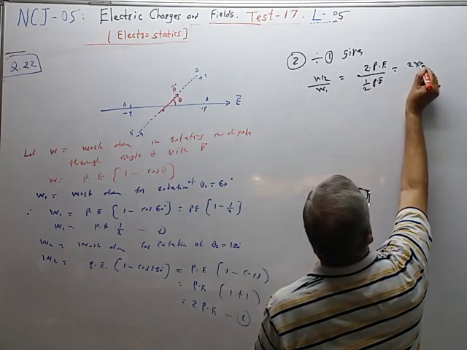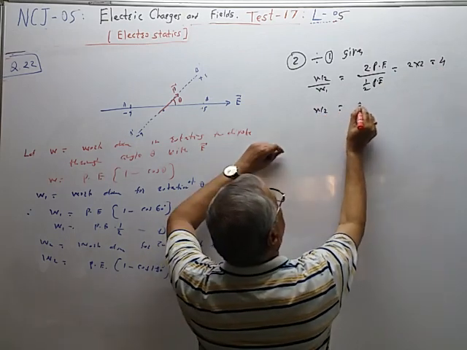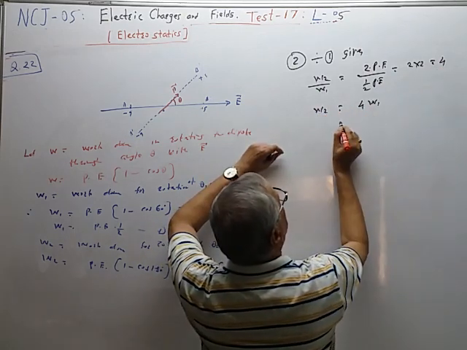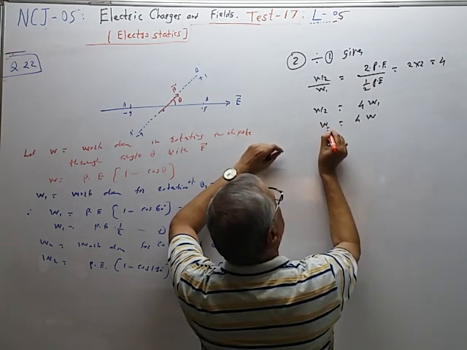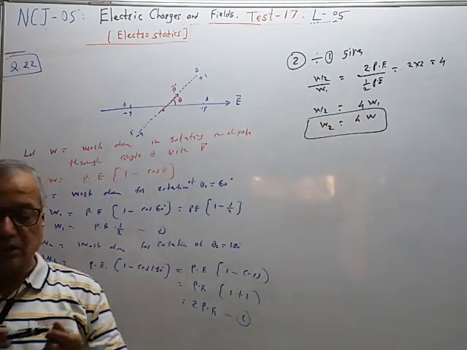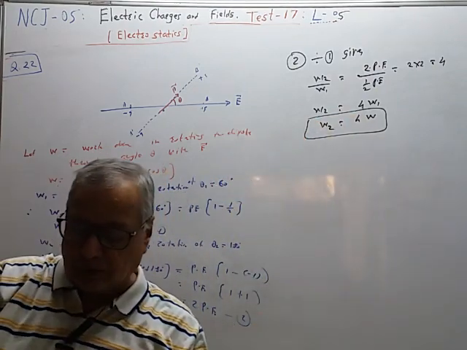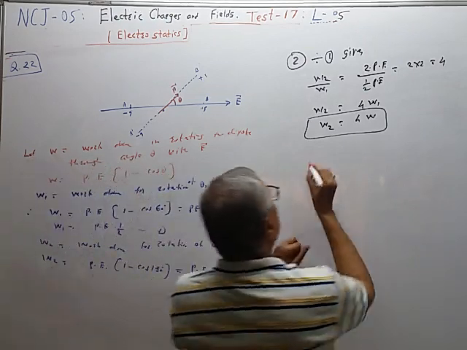So this is equal to 2 multiplied by 2, that is equal to 4. So work done in the second case is equal to 4 times work done in the first case, and the work done in the first case is denoted by W. So in the second case work done is equal to 4 times W. So no problem. So the C choice is correct.